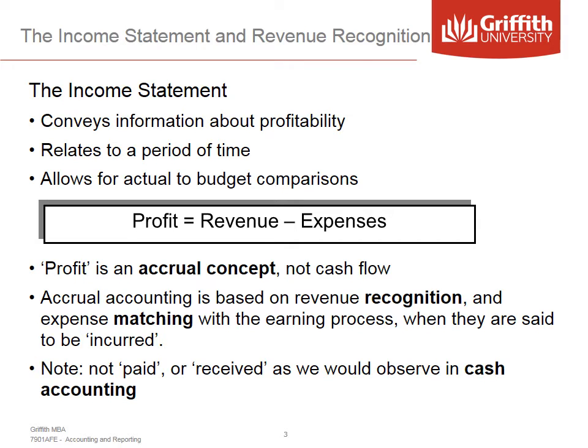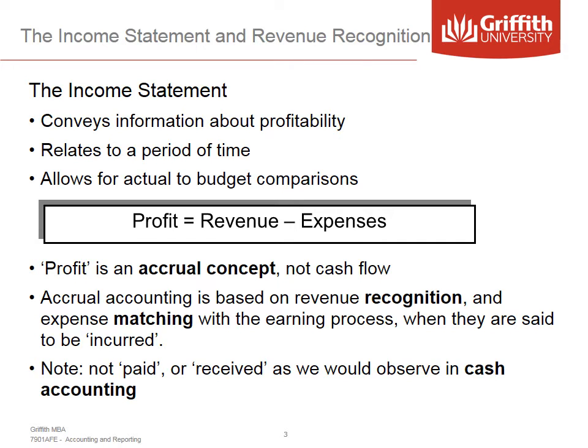Okay, now, next important point is that profit is an accrual concept. It is not necessarily a cash flow. Underpinning that calculation and that trading environment are many cash flows, but the actual calculation of profit is not a cash measurement, it is an accrual measurement. Now let's just pause and look at the difference.